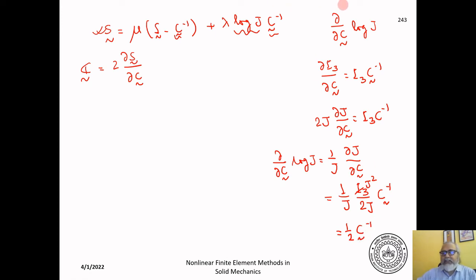So this is a result that we have to remember. This is equal to half C inverse.